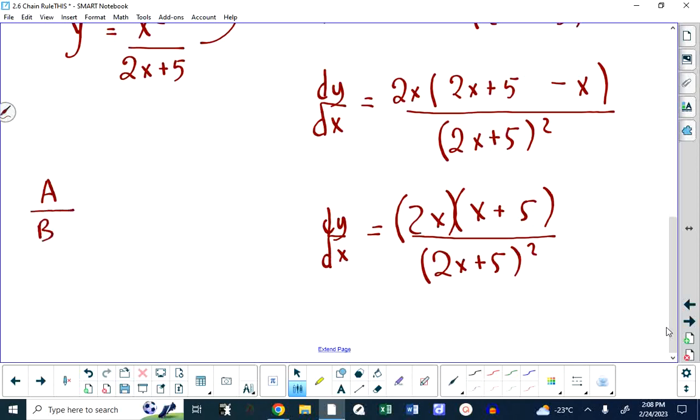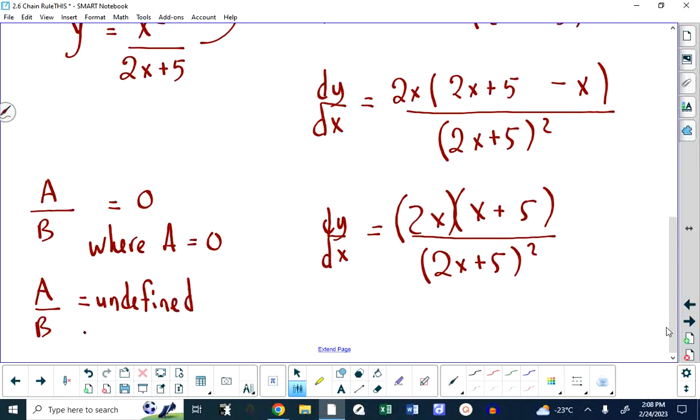When you have a fraction, if that fraction is equal to 0, it's where the top is equal to 0. If I want to find out where this is undefined, then that's going to be where the bottom is 0.